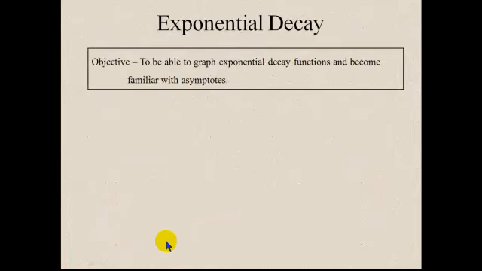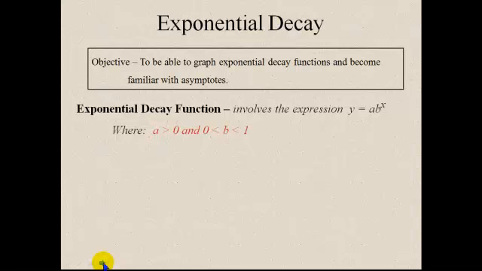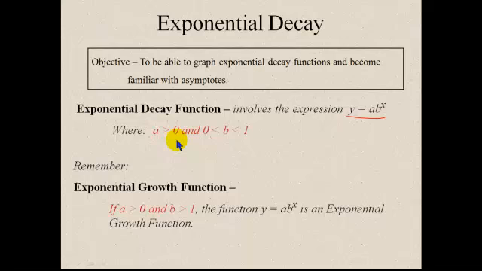Alright, let's look at exponential decay now. So here's the exponential decay function. We still have the exponential equation, but now you'll see that again a is greater than 0, that's the same, but now our b value has to be a fraction between 0 and 1, or a decimal between 0 and 1.